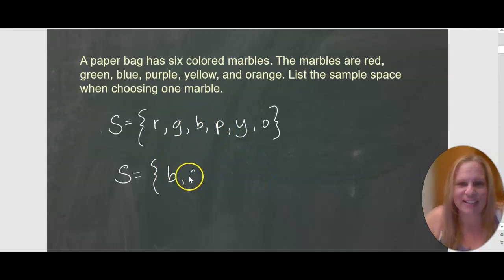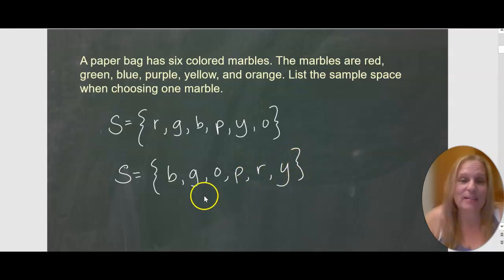And then G, and so on through the alphabet, and then Y. All right, so that would be listed in alphabetical order. Or we could just write all of the names, and those don't have to be in alphabetical order. We could write red, green, blue, purple, yellow, orange.